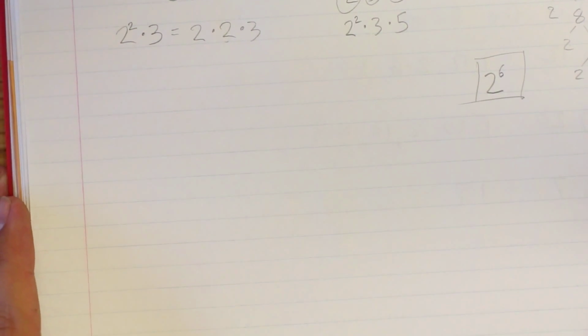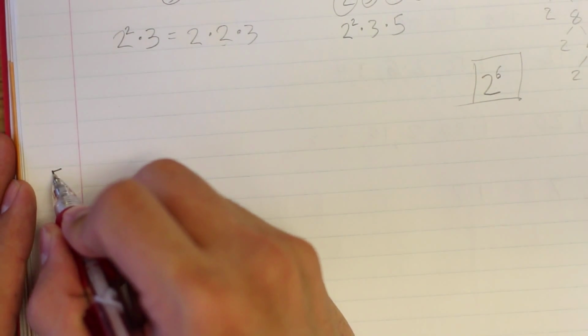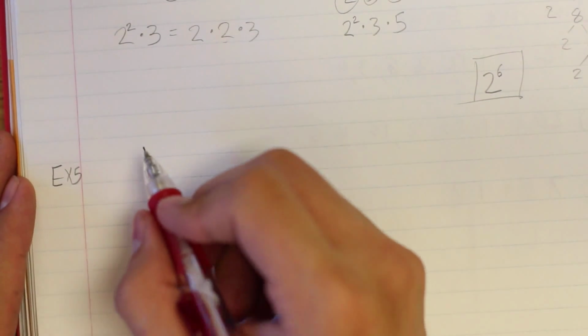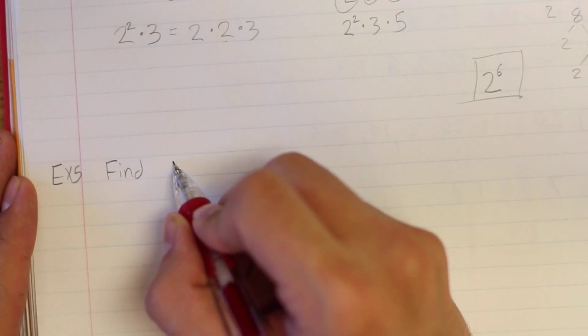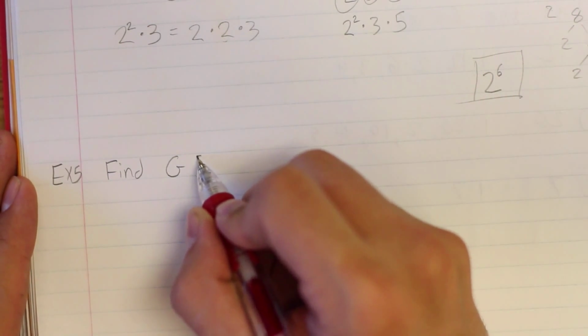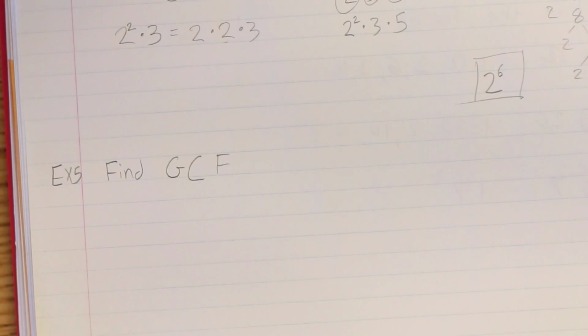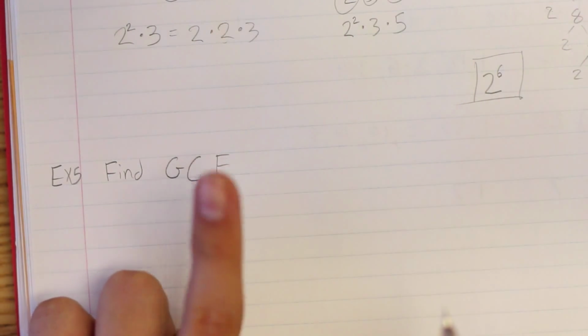Okay, so the last thing we're going to do, in our last example, example number 5, is we're going to be told to find the GCF. This is like the LCM, but this is not least, but greatest common factor.